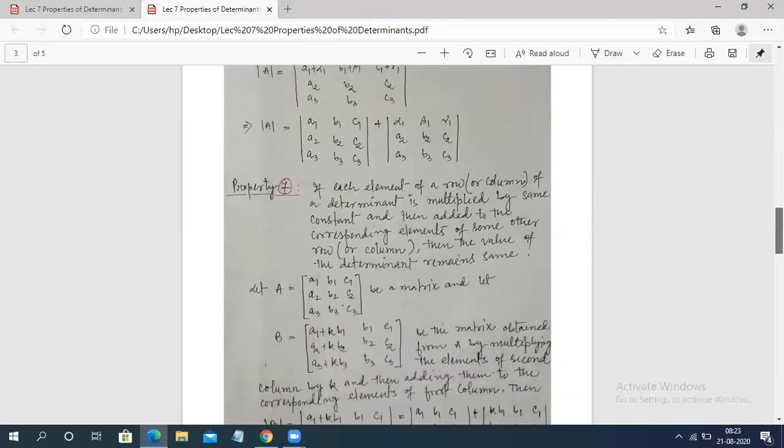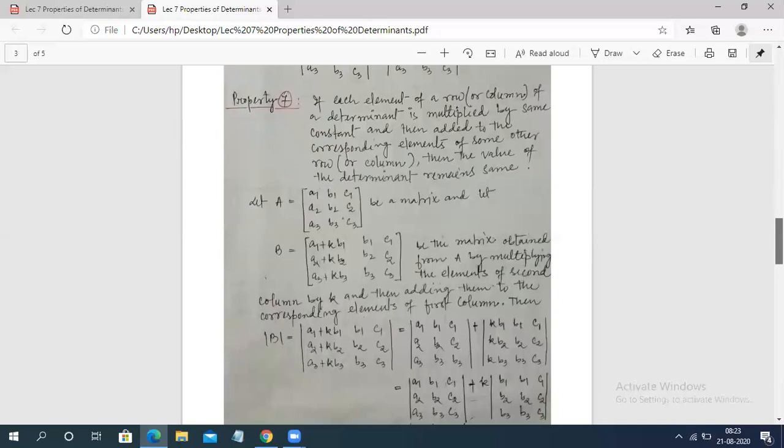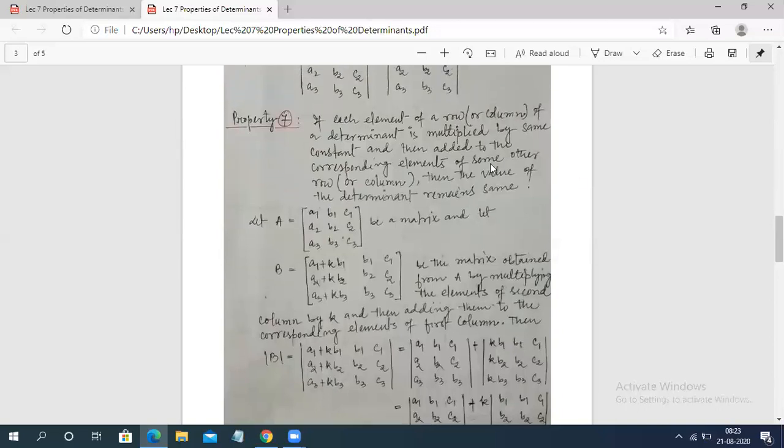Now property 7. This is the last property. If each element of a row or column of a determinant is multiplied by the same constant and then added to the corresponding elements of some other row or column, then the value of the determinant remains the same.